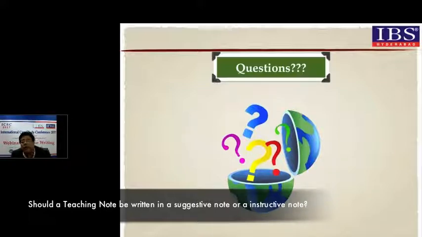If you can put it like that, I think it is much better. Some are very prescriptive, saying that first you do this, then you do that. But that's not really the way a teacher may be using your case. They will use it for their own objectives. So keep that leeway. Even in your tone, be a little more suggestive.